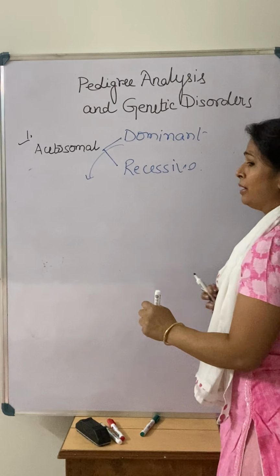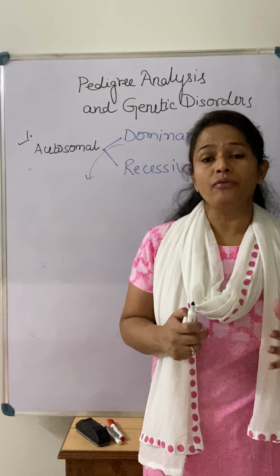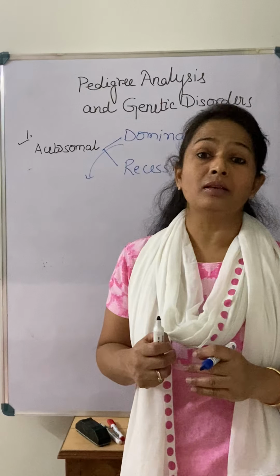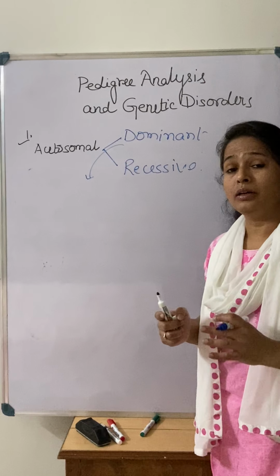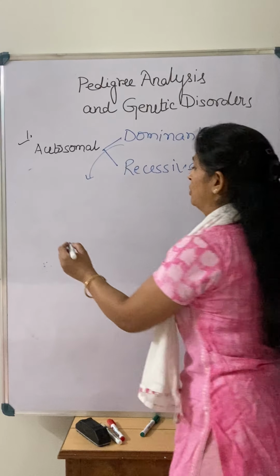What is that? If parents are affected with the disease, the individual or the offspring must be affected. If parents are unaffected, meaning parents are healthy, then the next generation or the offspring is also healthy. That is the first rule.